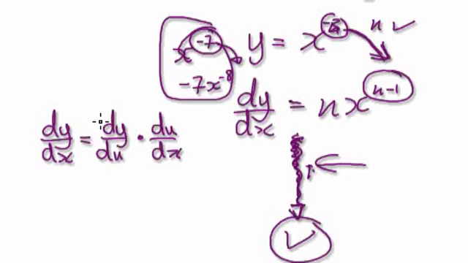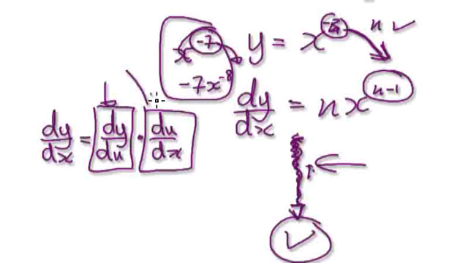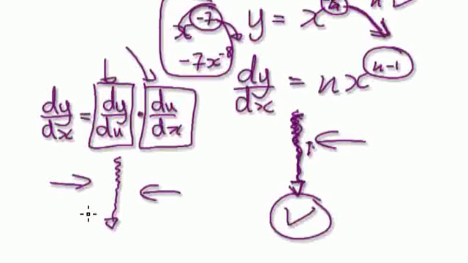At this stage, I'm just asking you to accept that you differentiate this and then times this. You don't fully understand this yet. You will need to build up more knowledge to fully understand why this works.